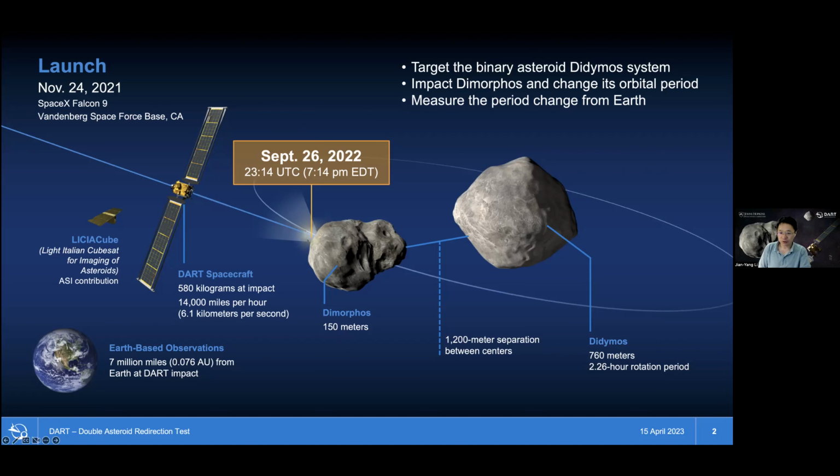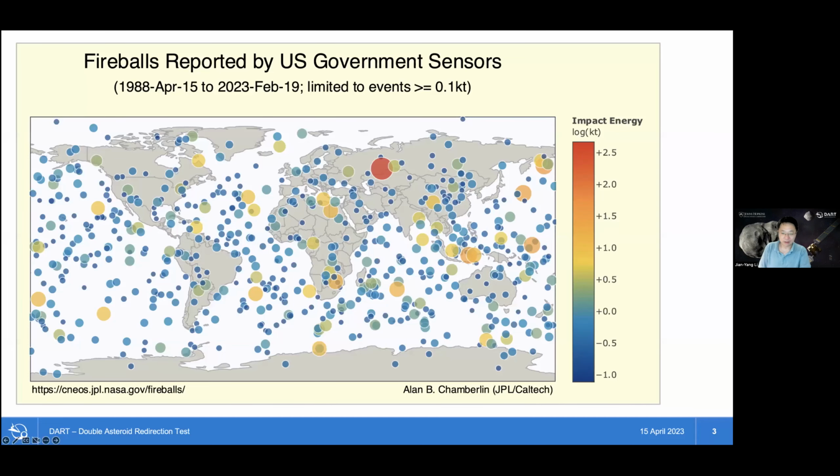Now, the question is, why are we doing DART? You know that DART is a planetary defense mission, so it has a planetary defense background. Why are we defending our Earth? This figure shows the fireballs reported by U.S. government sensors on the globe.